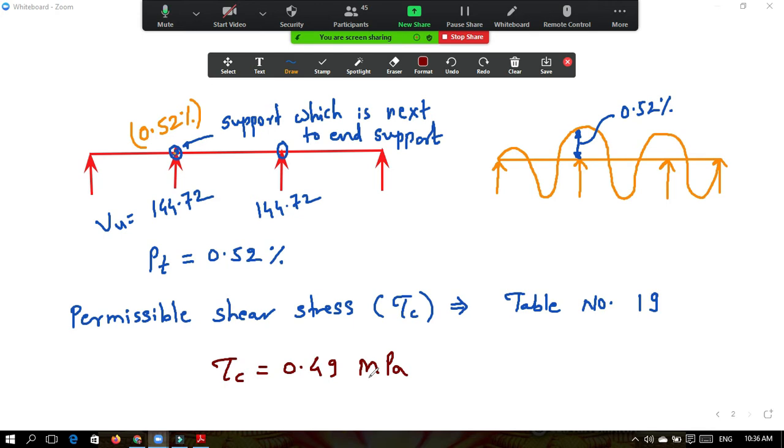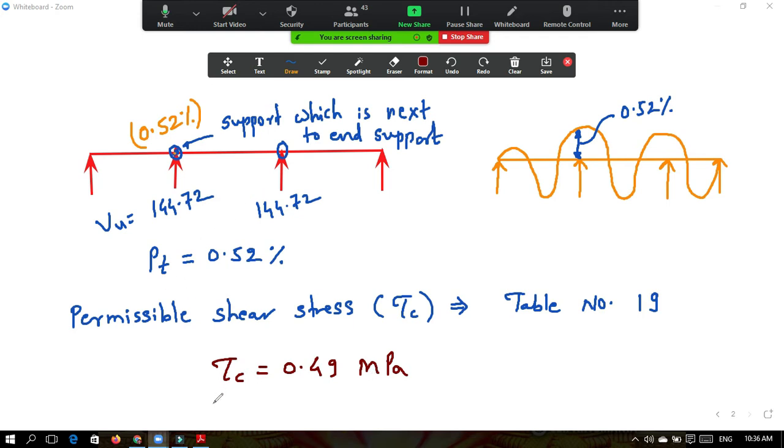And the capacity of the beam, or the permissible shear stress the beam can resist, is 0.49. So the beam can resist up to 0.49 Newton per mm square. But the developed shear stress is much greater than this. So we need to provide shear reinforcement to counteract the extra shear stress.